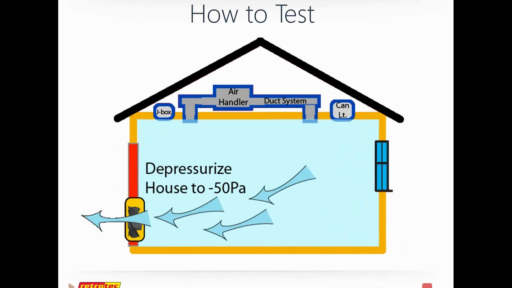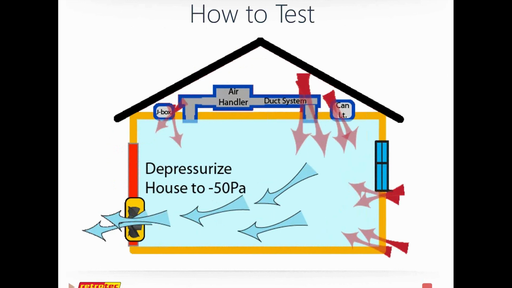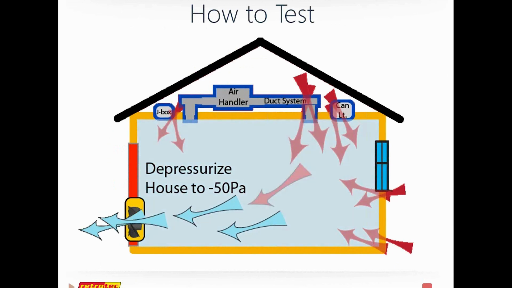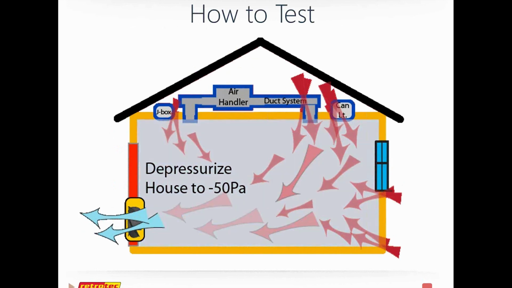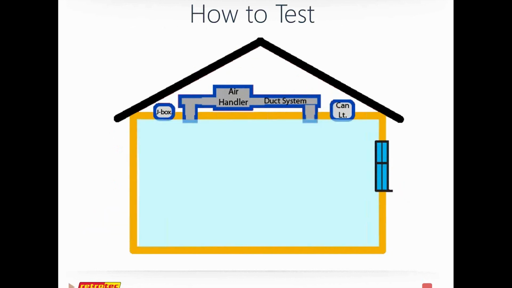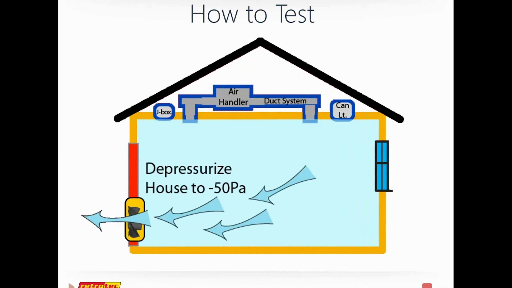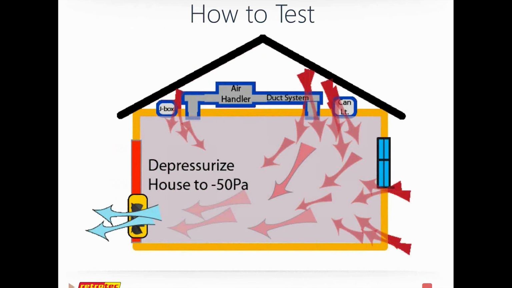So at -50, we are depressurizing the house, and those blue arrows represent air that's coming from inside the house. The red arrows represent air that's coming from outdoors, and that outdoor air is air that we don't want. As that air moves through, we can measure it and decide how many cubic feet per minute are moving through that shell.